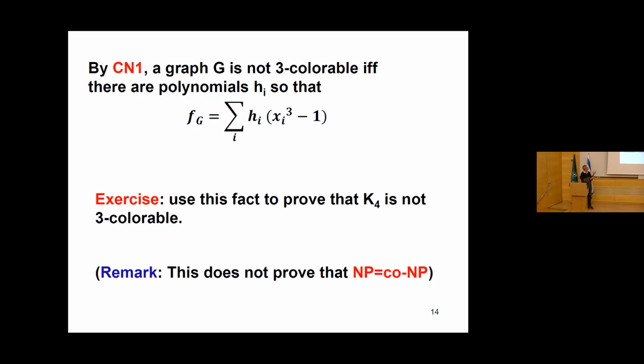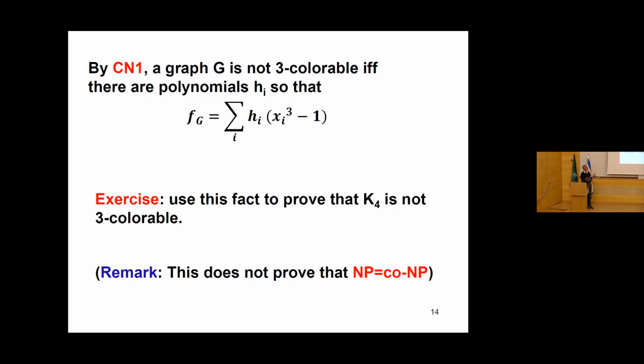But you see, it looks as if it more or less proves it, right? Because this looks like something that enables me to convince you that the graph is not free-correlable. And this problem is co-NP hard, so if I could have convinced you quickly, then this would show something.